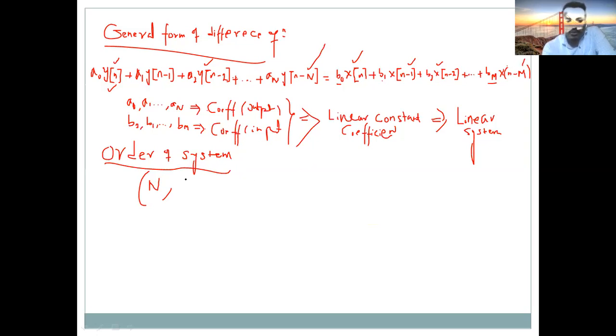So this n and m give the order of the system. Mostly we use n. Now, if n is greater than m, our system is called a causal system.